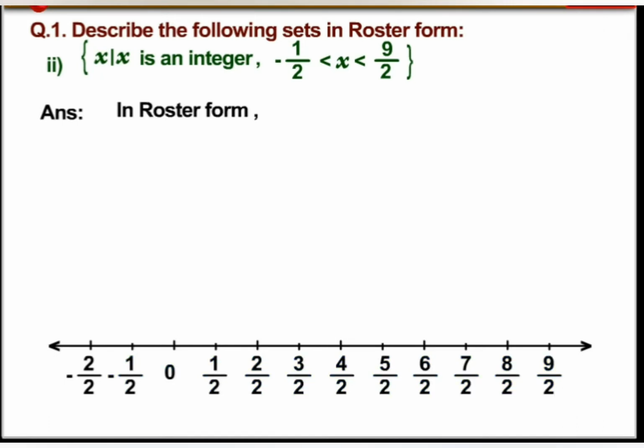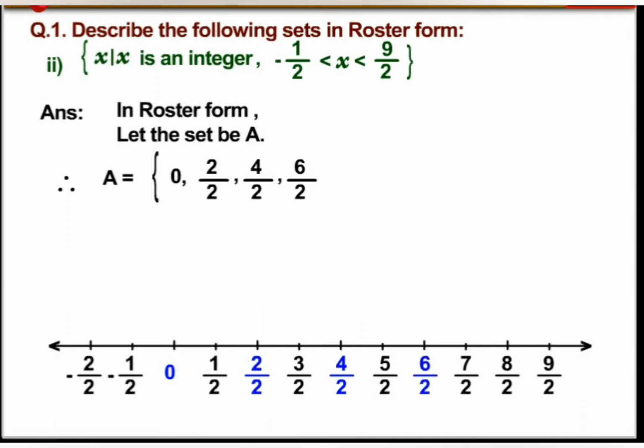In roster form, let the set be A. Therefore, A = {0, 2 upon 2, 4 upon 2, 6 upon 2, 8 upon 2}.